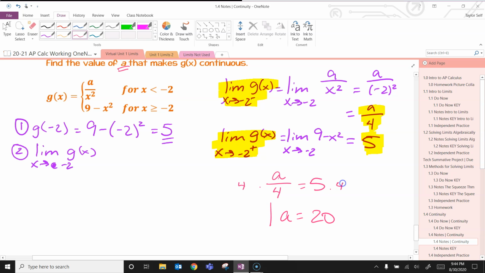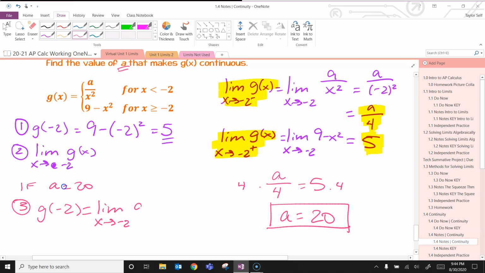All right, that is the value of a. That will make this last step true. If a equals 20, then 3 happens. We get g of negative 2 equals the limit as x approaches negative 2 of g of x, which equals 5. Sweet, we're done. Let's practice.